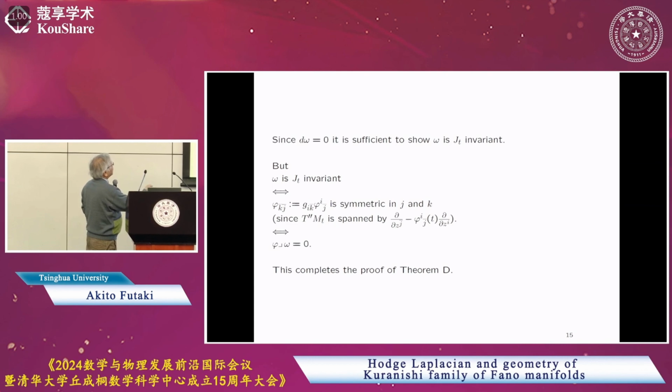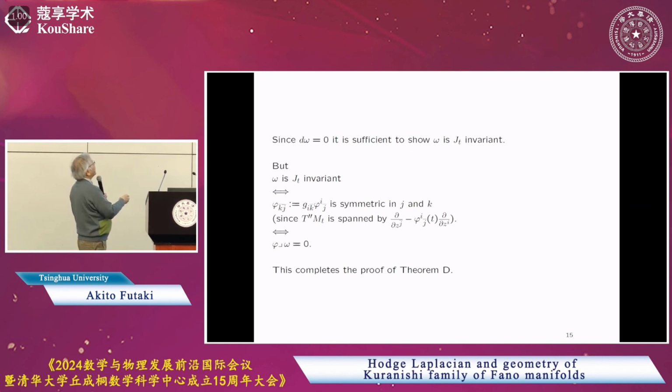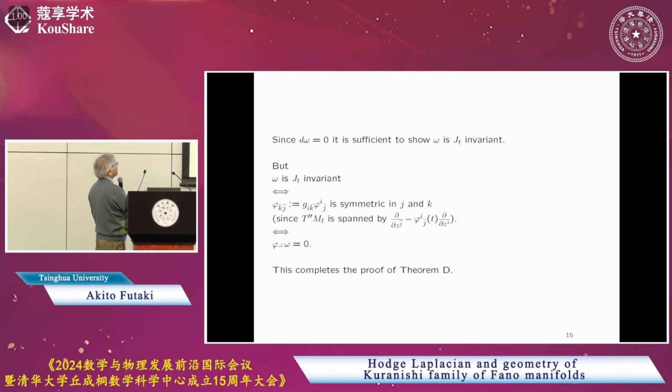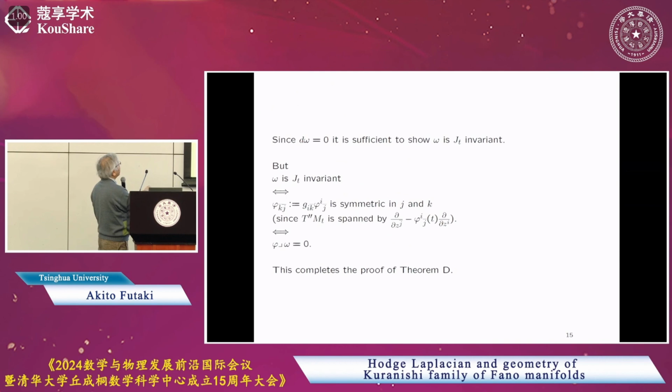I will not explain this part. But anyway, from the eigenvalue estimate combined with this equation, omega phi is 0, phi omega is 0. So this is JT invariant. Combining this, omega is still a Kähler form.